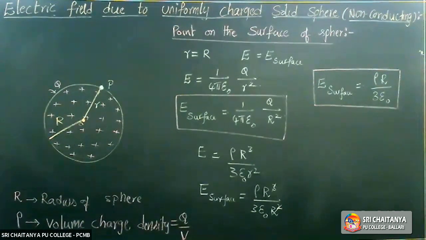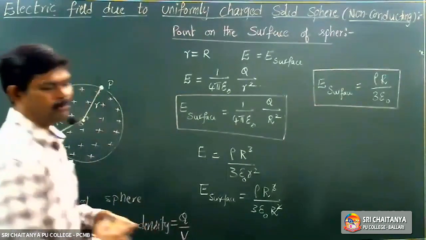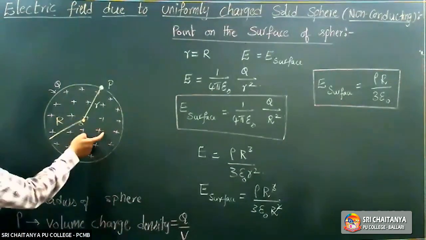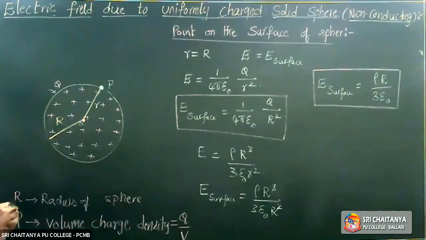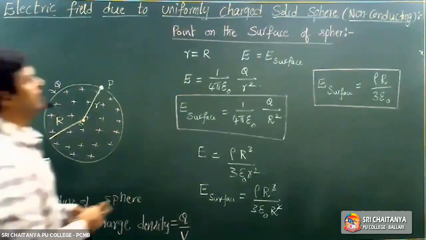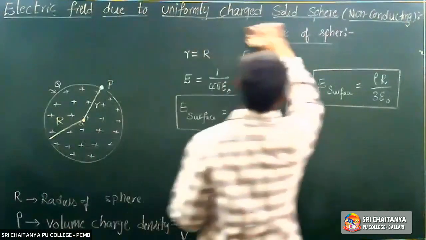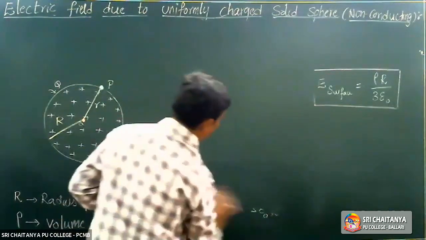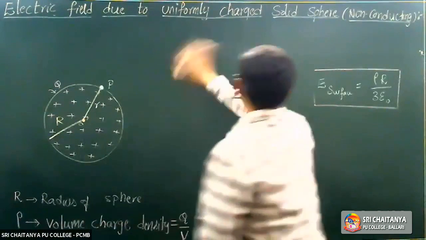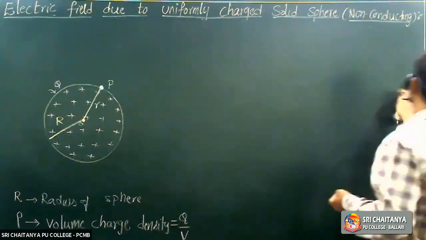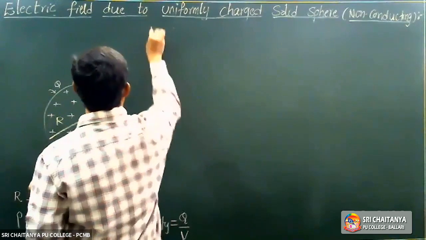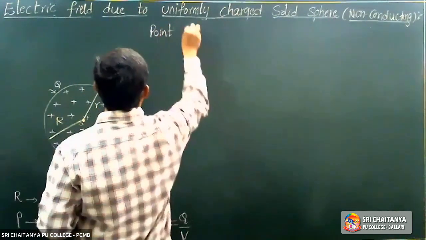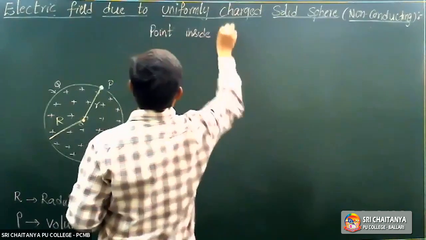Third one. What is the third point? Point inside the sphere. Now, the third one is a point inside this sphere.